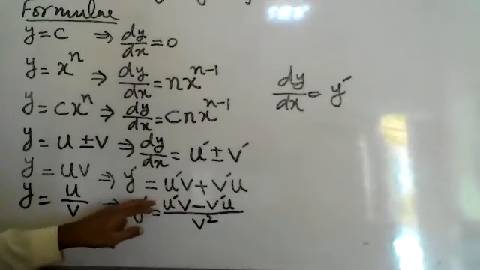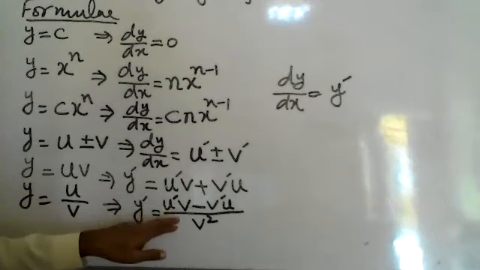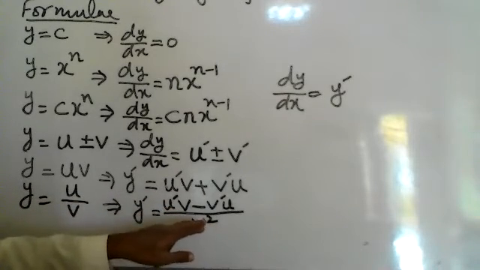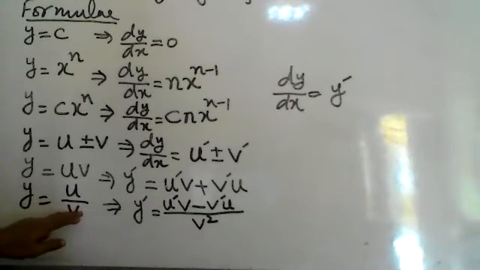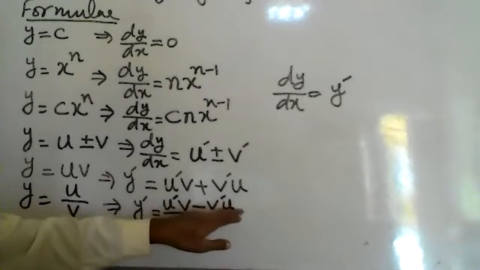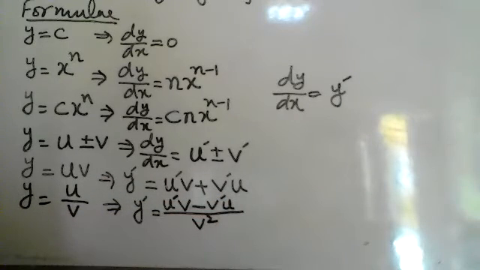First take the derivative of the numerator into the denominator, then minus the derivative of the denominator into the numerator, whole upon the square of the denominator.